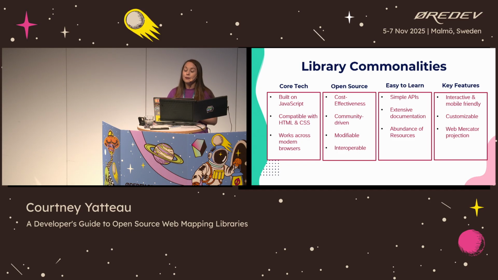And most importantly, they do use the Web Mercator projection, which I'm not going to get into the details of, but essentially that is the projection that we are all used to seeing, say potentially in Apple or Google Maps. It's the easiest, most adopted way that we've decided to use on the web to turn our spherical world into a flat surface.